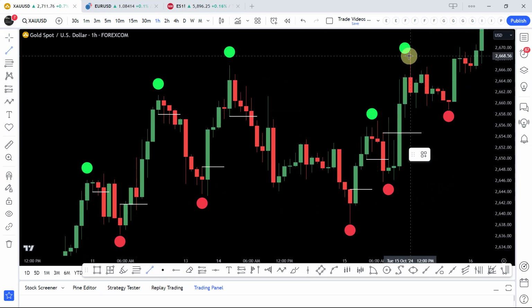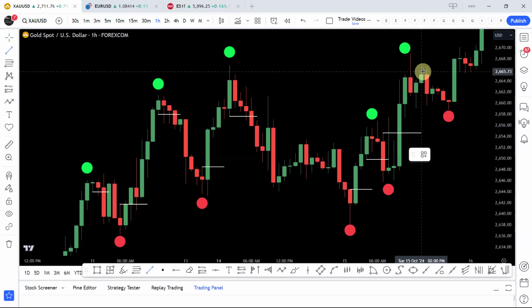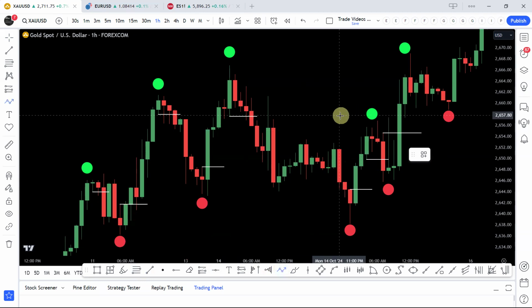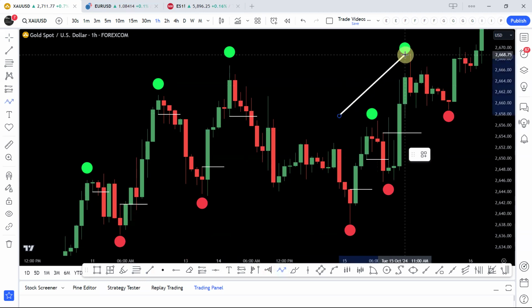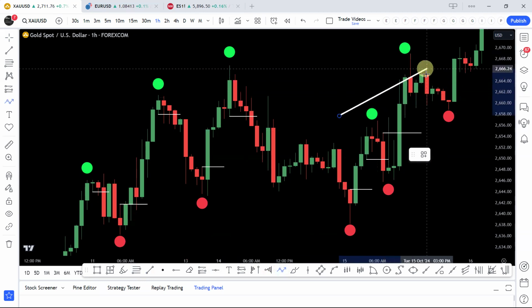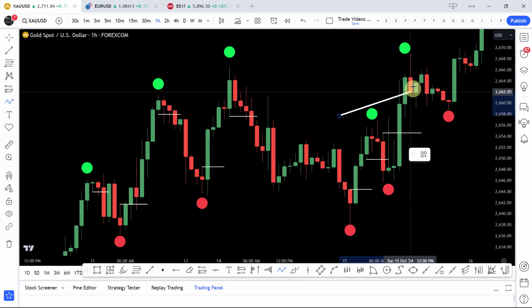The highest point which the price made, and there is a little bit of dynamic price action here, because see, this is the highest point which the price made. After that, within the next candles, there is this green candle which the price made before a red candle.